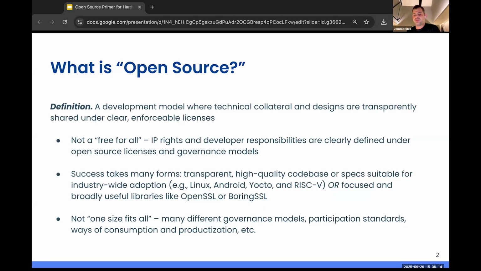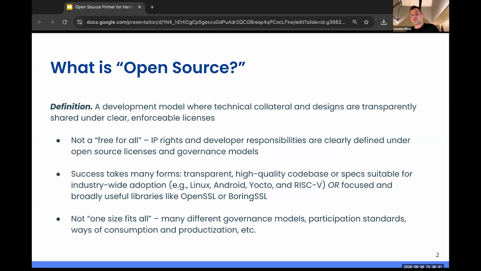Success in open source takes a lot of different forms. It can be everything from transparent, high quality code bases like Linux or Yocto, or even something like RISC-V, which is a transparent specification broadly available for industry-wide adoption, or focused and broadly useful libraries like OpenSSL or BoringSSL. One of the key things about open source is that it is not one size fits all.